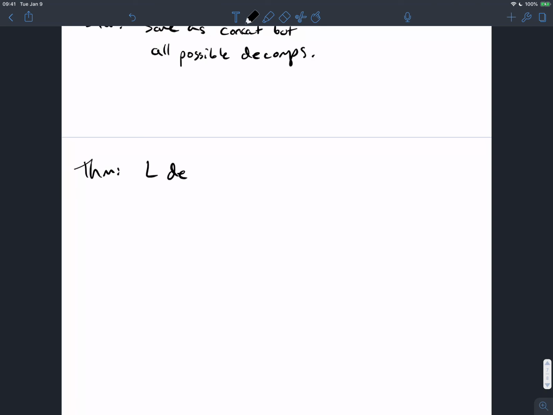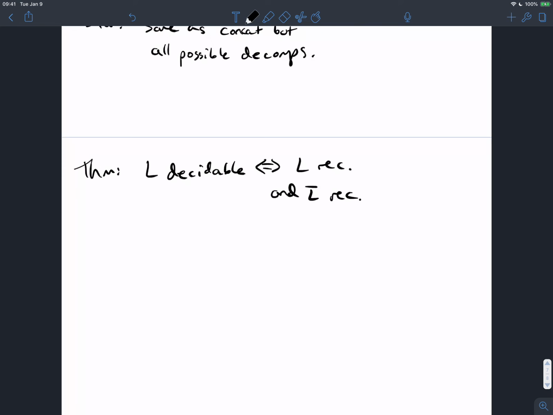So L is decidable, a language L is decidable, if and only if L is recognizable and L bar, its complement, is recognizable. If and only if, so a double-ended arrow. Yeah, if you can't read my atrocious symbols, just tell me.